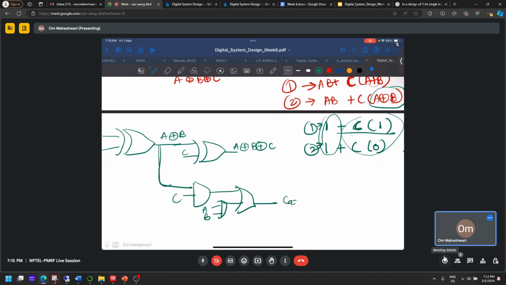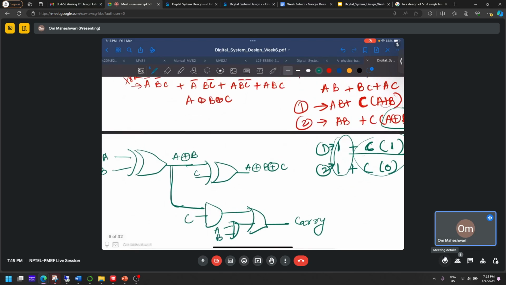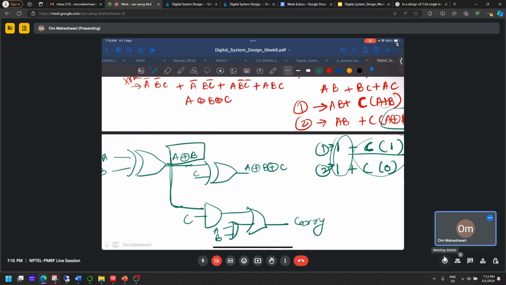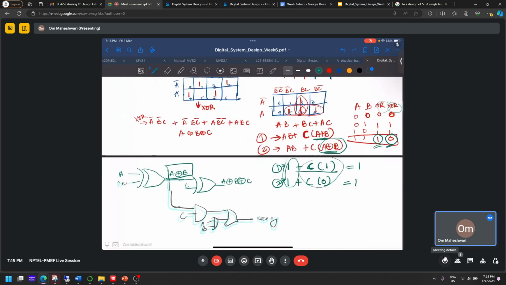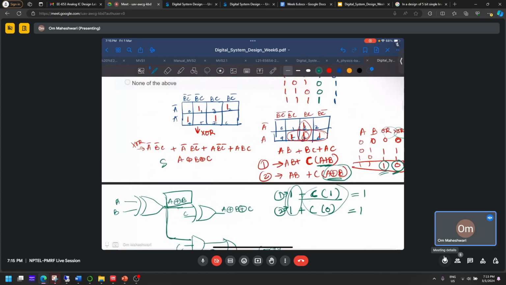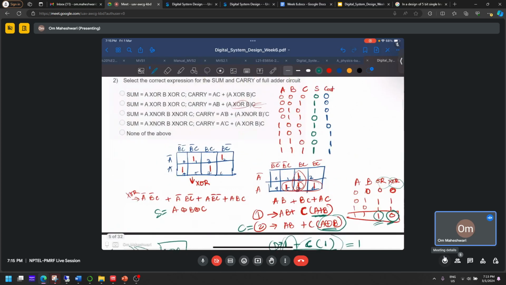This is carry. Just because this is already available, we tend to use XOR instead of OR. Therefore, your sum is this and your carry is this. That is option B.